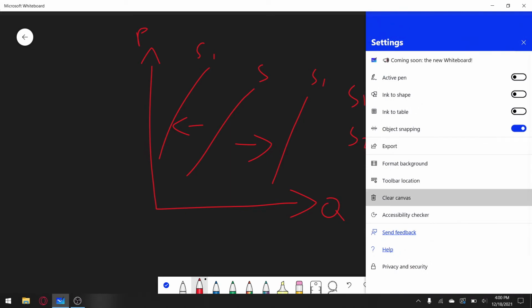Let's clear the canvas. Now the determinants of supply.